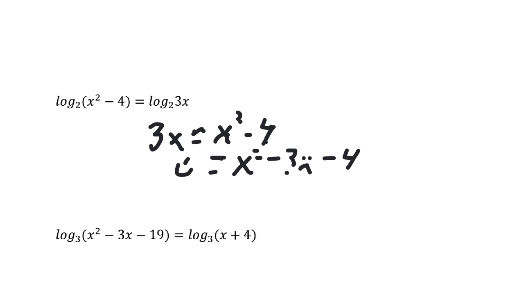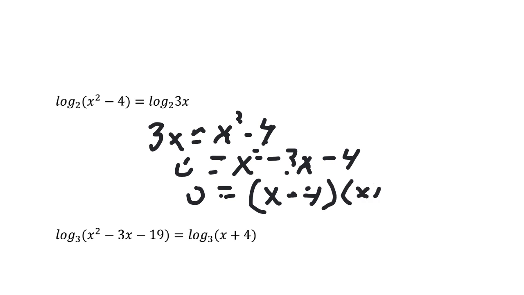Two factors of 4 that when I subtract them, I get a 3. 0 equals x minus 4 and x plus 1. So I end up with x equaling 4 or negative 1.